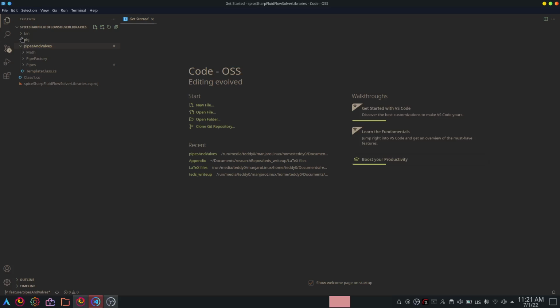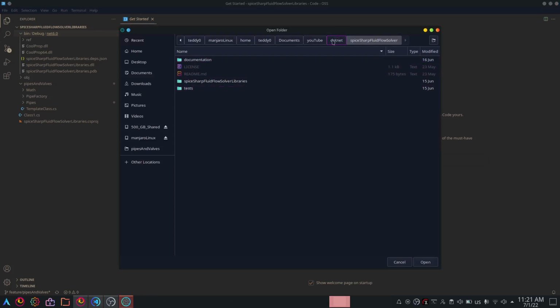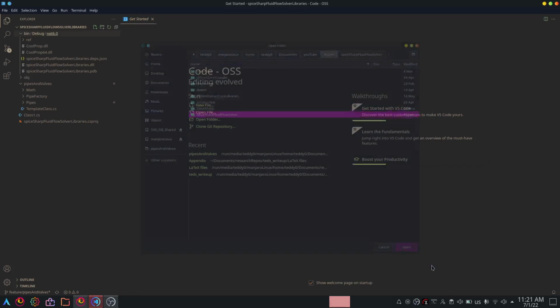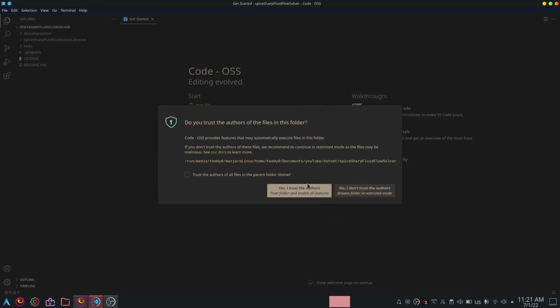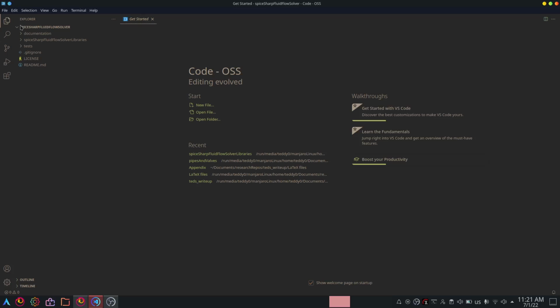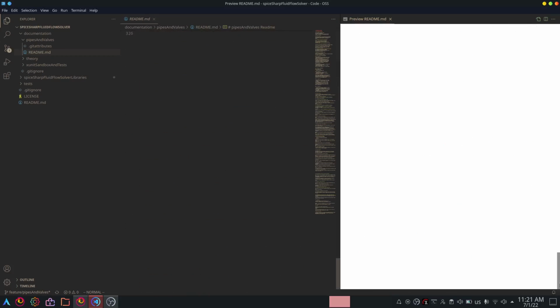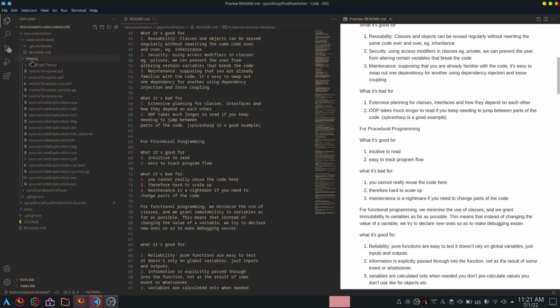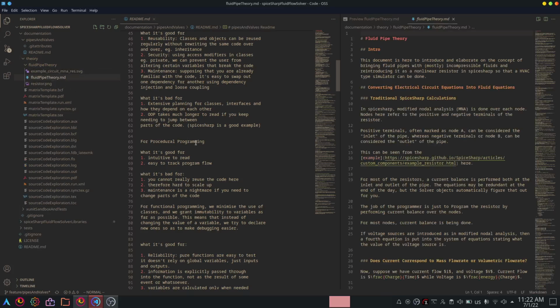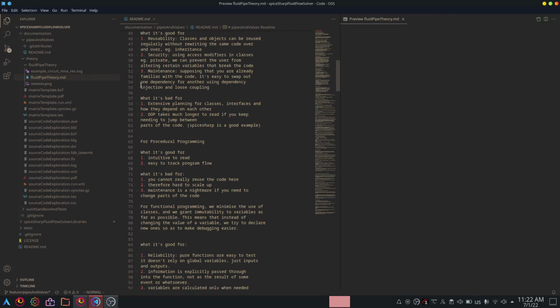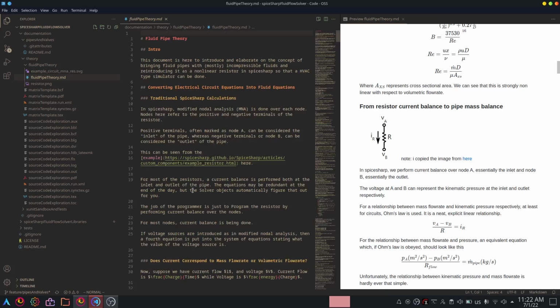Let me open one more level up. Now open this folder. Yes, here's the documentation. Pipes and valves. Wrong one. Theory, fluidPipe theory, fluidpipetheory.md. Okay, let's go here.